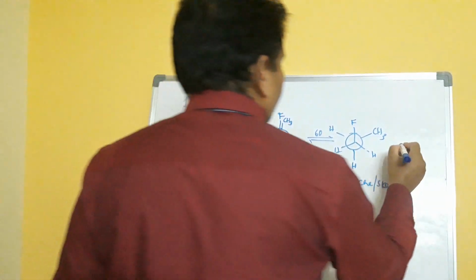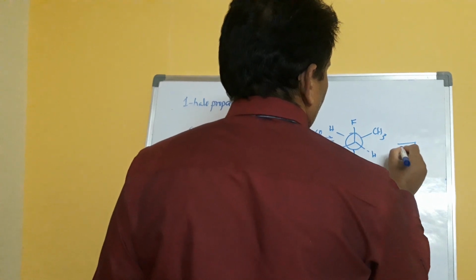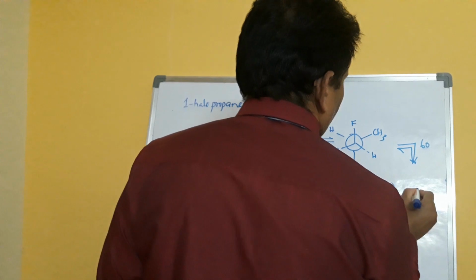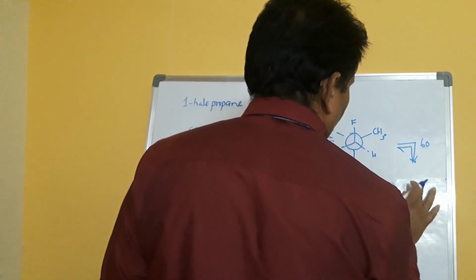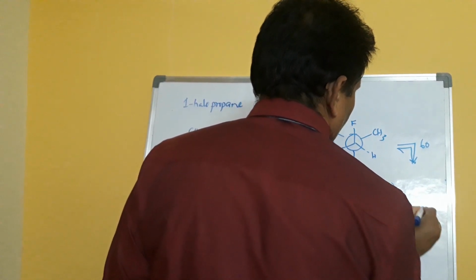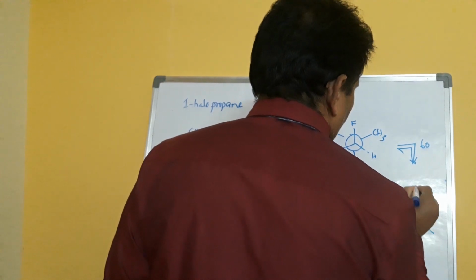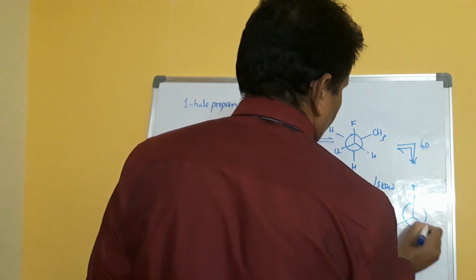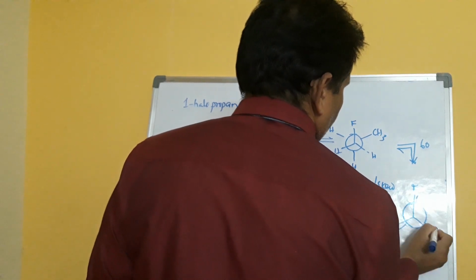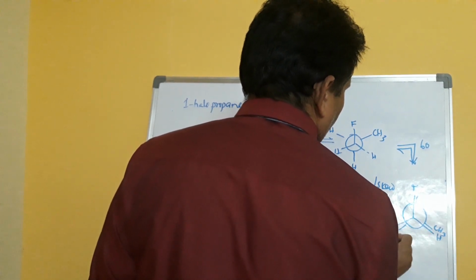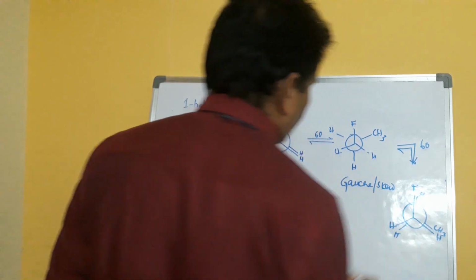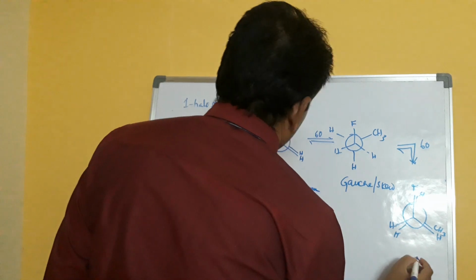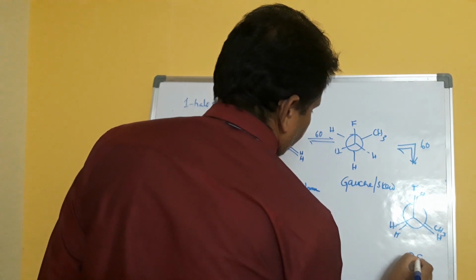Again if you rotate 60 degrees, then what will you get? Fluorine, hydrogen, CH3, hydrogen and hydrogen. So this is the partially eclipsed conformer.